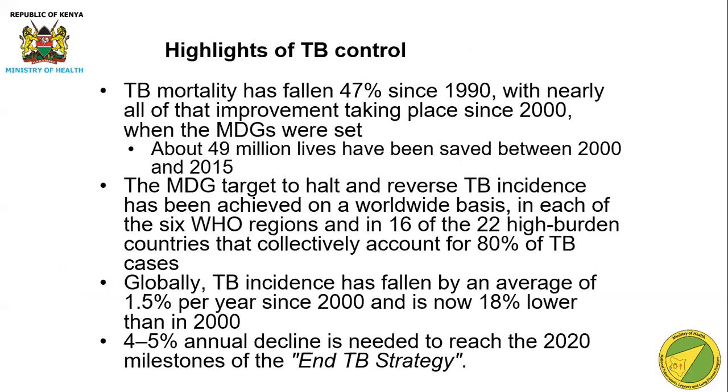So a little bit of history of TB globally. TB mortality has fallen by about 70% since 1990, with nearly all of that improvement taking place since 2000, when the Millennium Development Goals were set. About 49 million lives have been saved between 2000 and 2015.